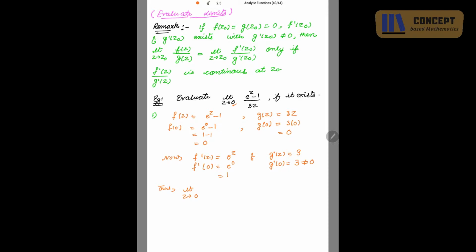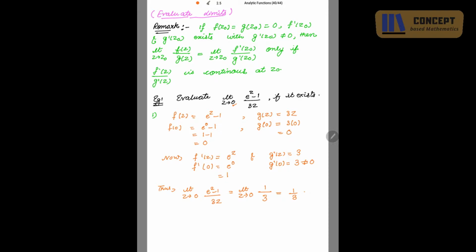What is f z? E the power z minus 1 over 3 of z, that is equal to limit z tends to 0. What is f dash z0? That is f dash 0, that is 1 over g dash z0, that is g dash 0. This is equal to 3. So the limit comes out to be 1 over 3.